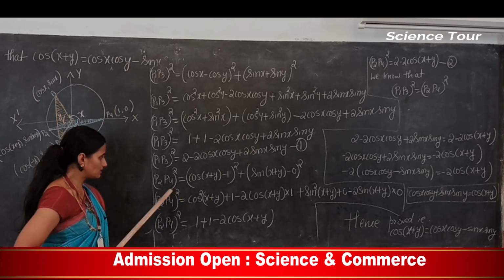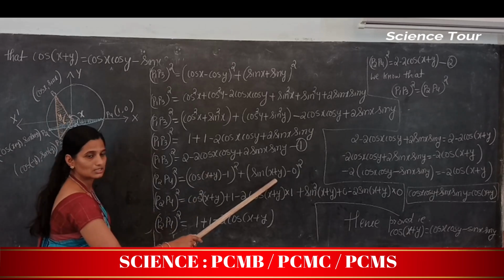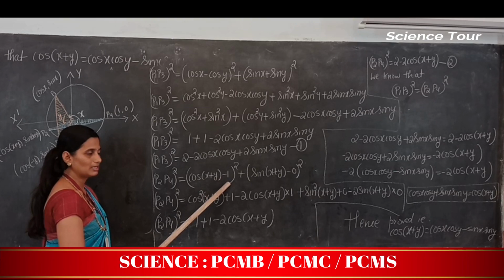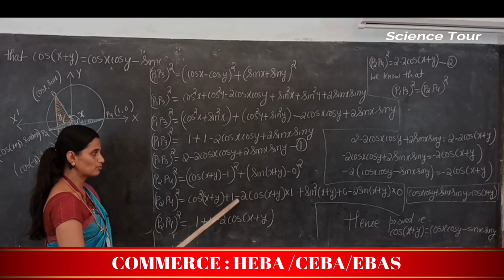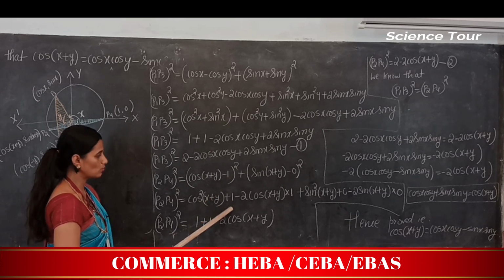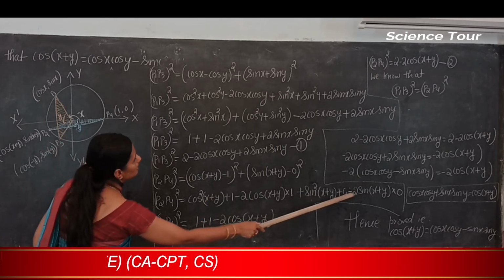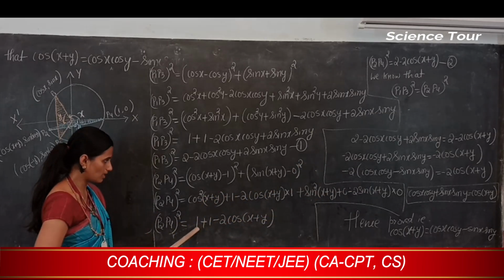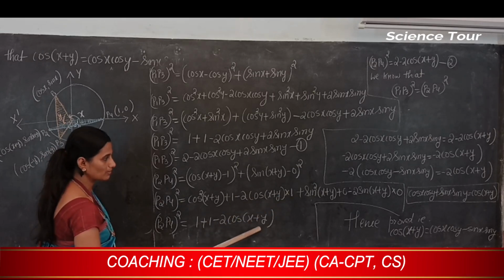So now next P2 P4 whole square. So this by using the distance formula, P2 and P4. So now next (a minus b) whole square, a square plus b square is 1, minus 2ab. So cos square plus sin square is 1 and this one minus 2 cos (x plus y).